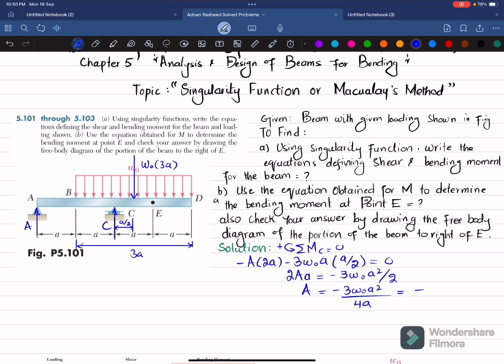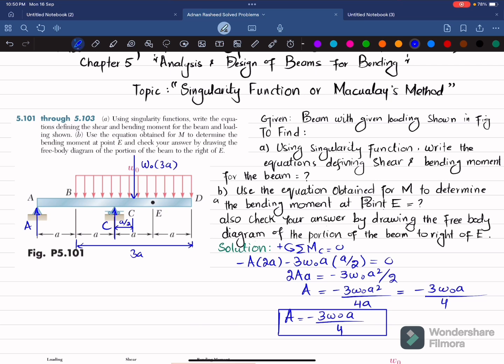So we will get minus 3 W naught A over 4, sorry, 4. So what I get is A is equal to minus 3 W naught A over 4. This is the reaction force offered by pin support at A on this beam.